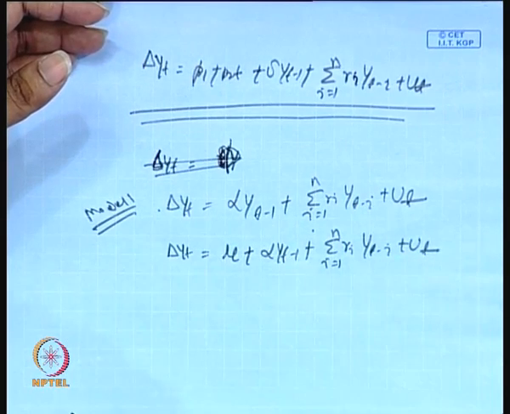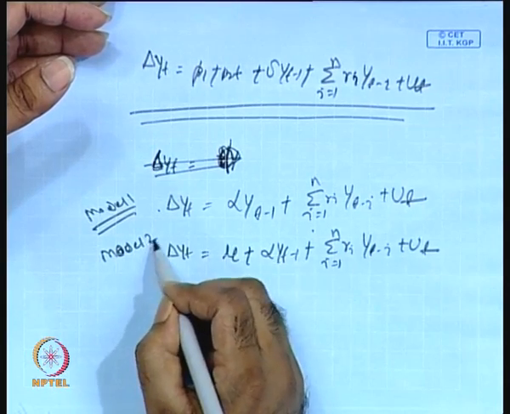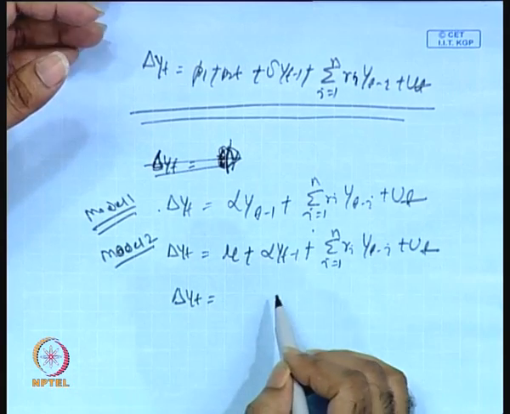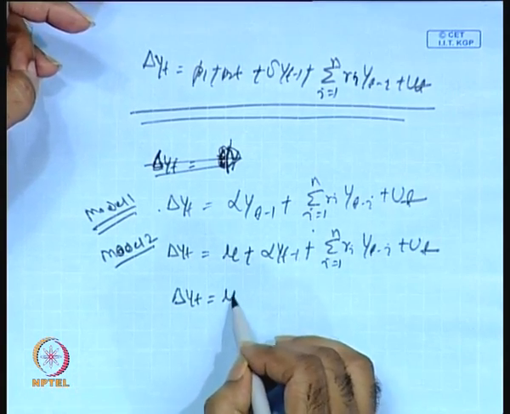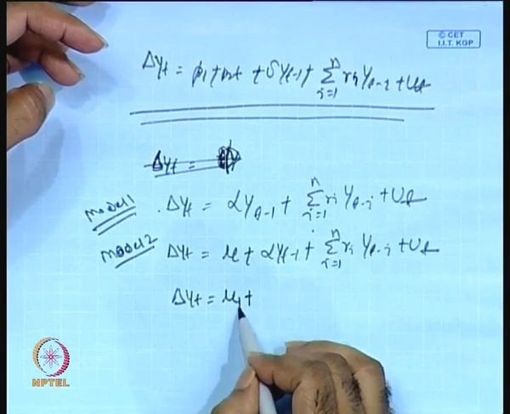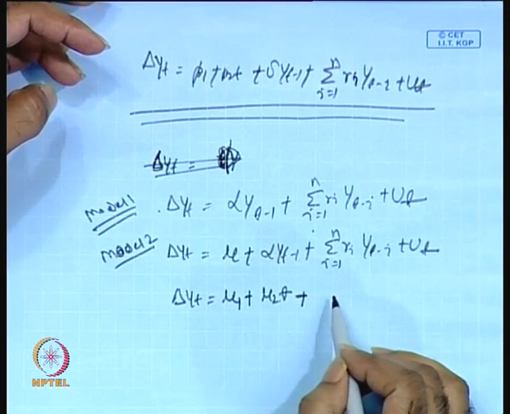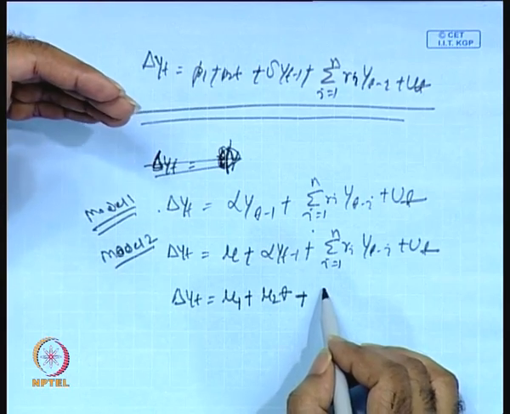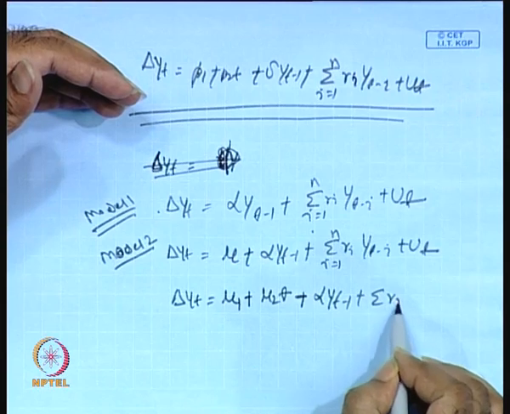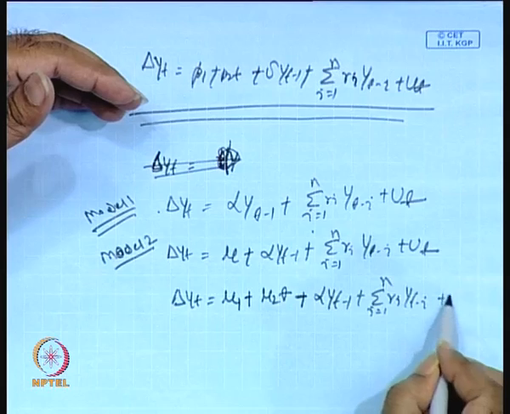This is another form, called model 2. Then I will write delta y t equal to mu 1 plus mu 2 t plus alpha y t minus 1 plus summation gamma i delta y t minus i, i equal to 1 to n, plus u t.